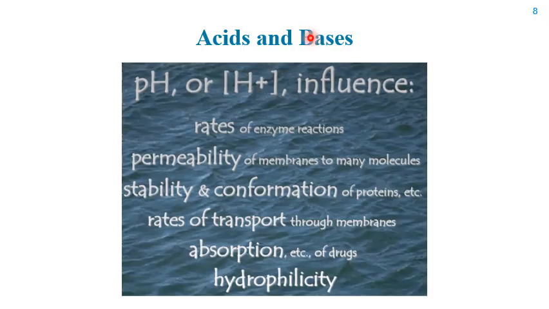Depending on how much of those hydrogen ions, or just protons as we call them, are in a solution, in the blood for example, we can calculate the pH. Our blood has to be at a very narrow range of pH in order for us to maintain homeostasis and maintain life.